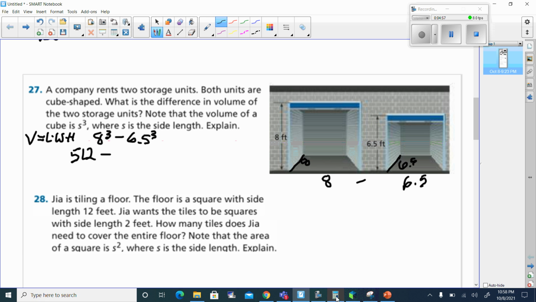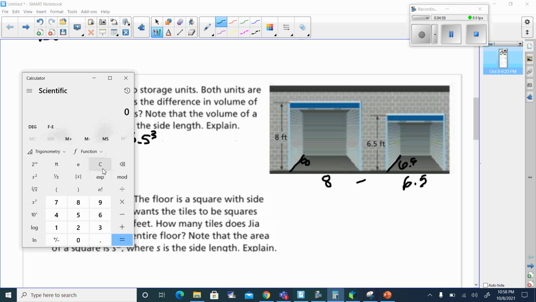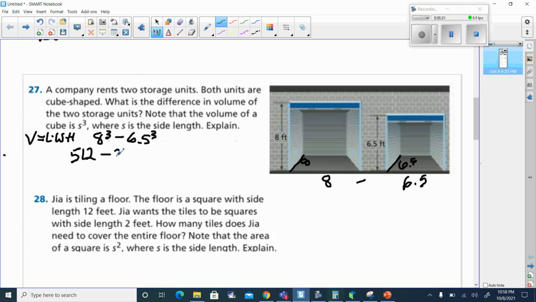Let me get my calculator out for this one. 6.5 times 6.5 times 6.5. That's going to give me 274,625. 274,625, okay?